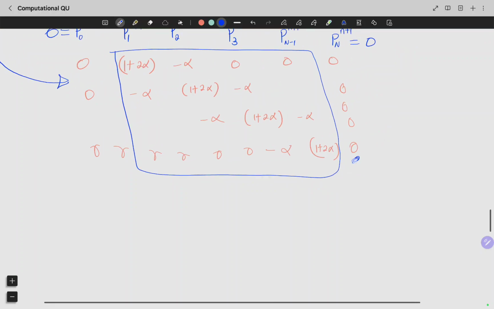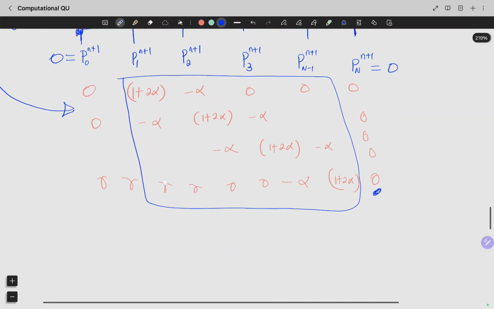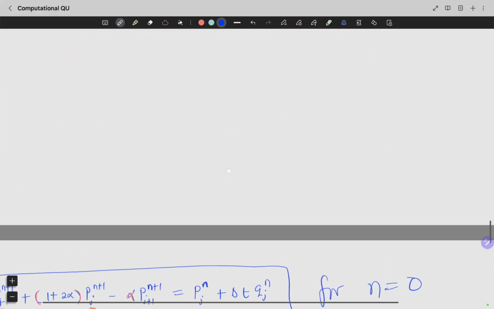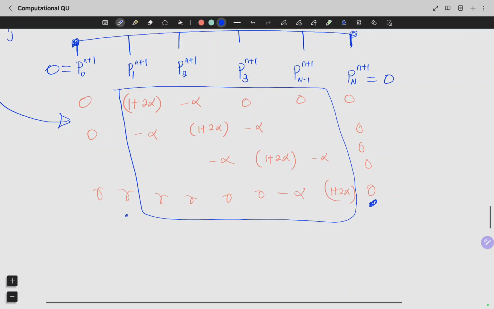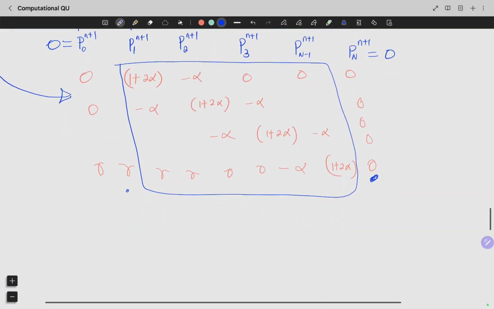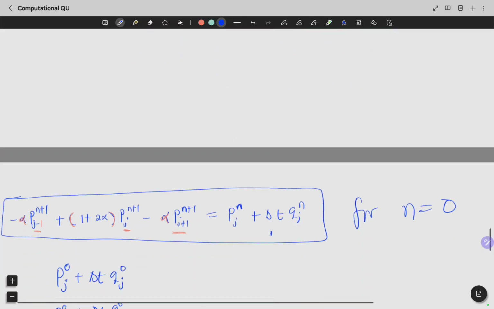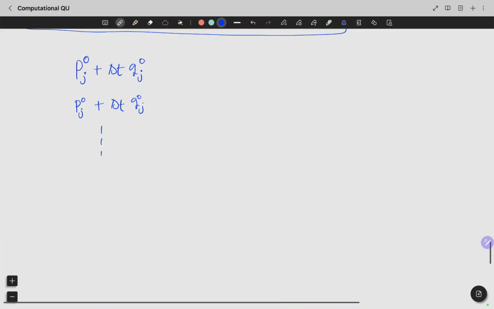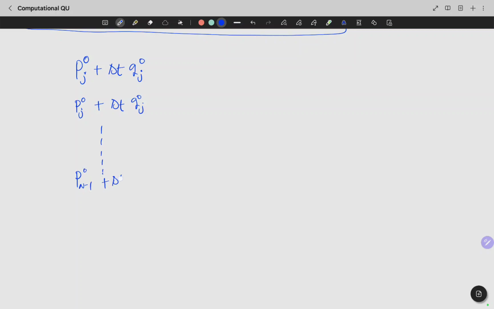We have ignored this guy, and we have ignored this guy. We are also going to have a situation like P n minus 1 0 plus delta T QJ 0.